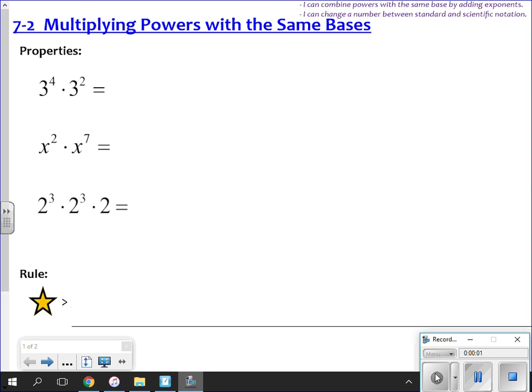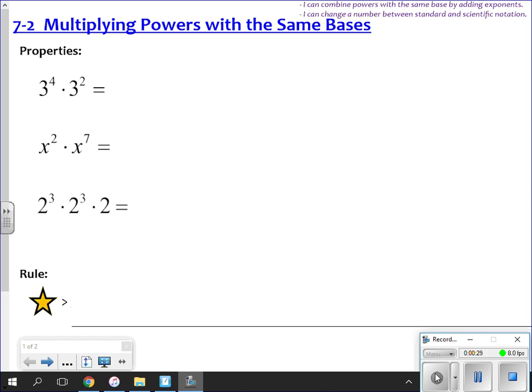Okay, so Tuesday, last time we were together, we began chapter 7, which is all about exponents and rules of exponents and things like that. And we got 2 rules on Tuesday.